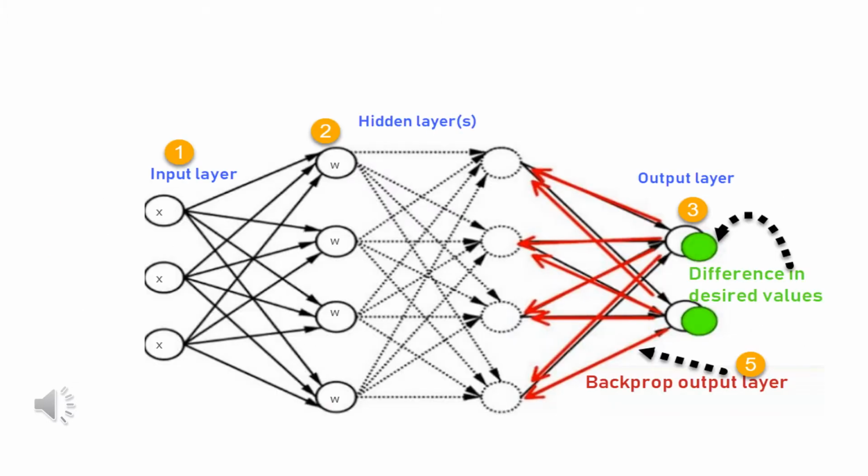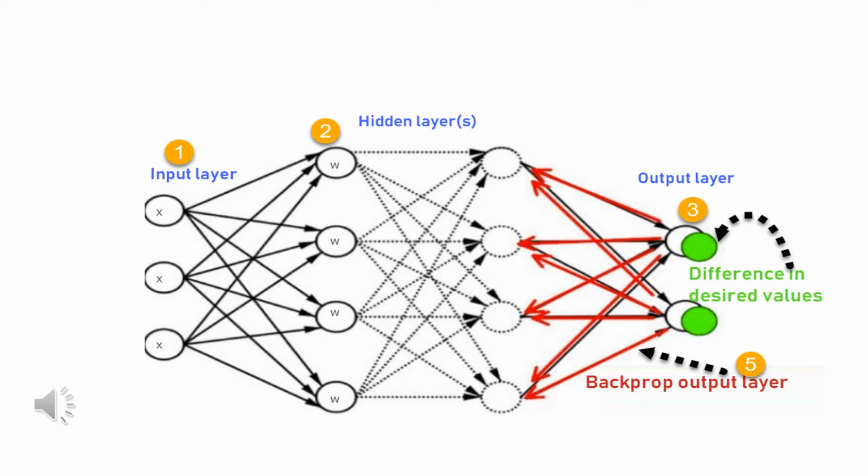Next we have how backpropagation works, in a simple algorithm. It is clearly shown that there are three layers: the input layer, the hidden layer, and the output layer. In the output layer you can see the difference from the desired values coming over here. It means we need to go back from the output layer. And why are there differences from the desired values? Because the prediction and the actual output may have differences.